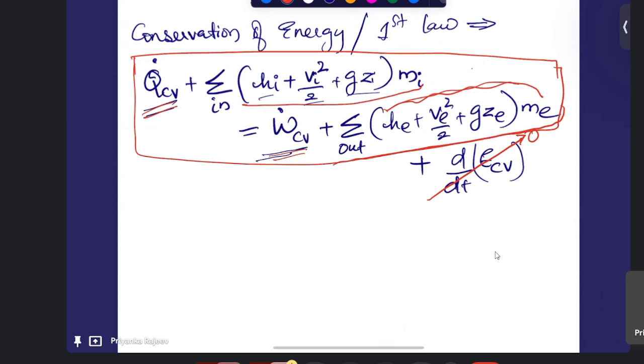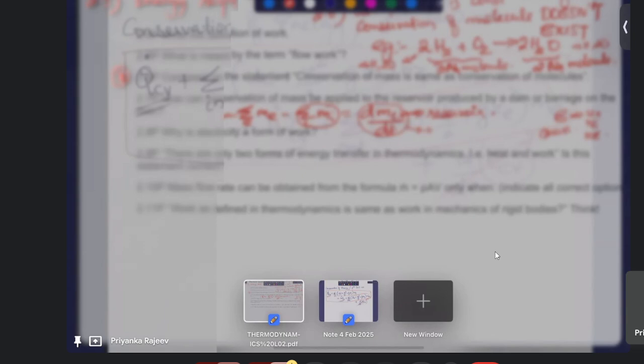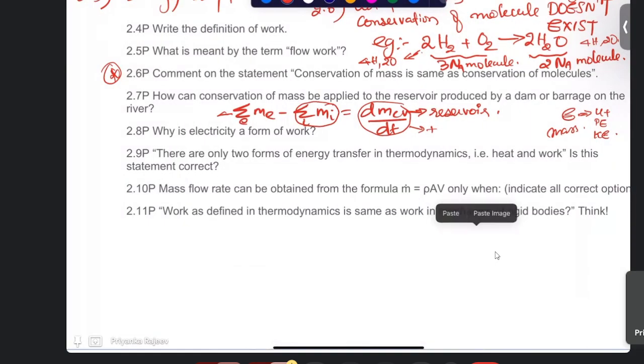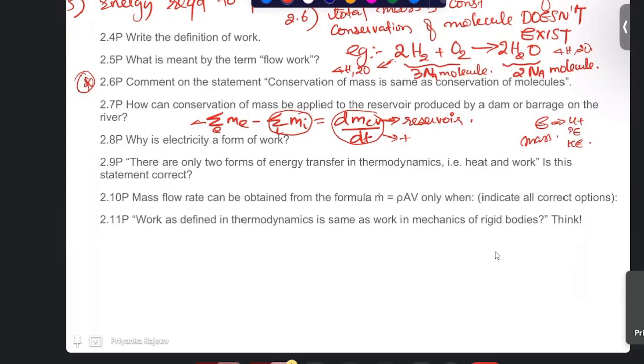Whatever energy is associated with flow of mass is taken into consideration through enthalpy change, so that is already taken care of. Now the other two forms of energy transfer or energy interaction are just heat and work. So in that way, this is correct.